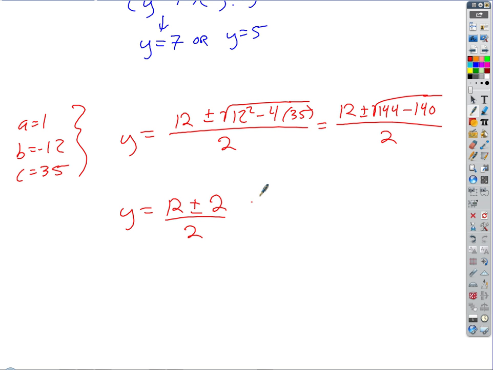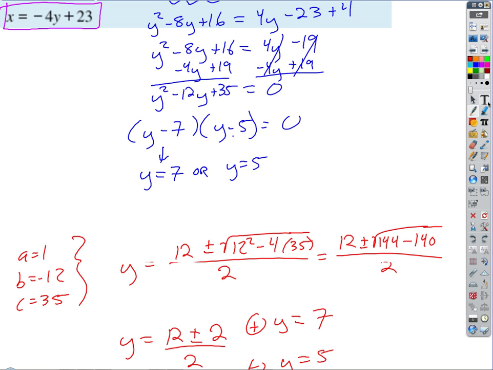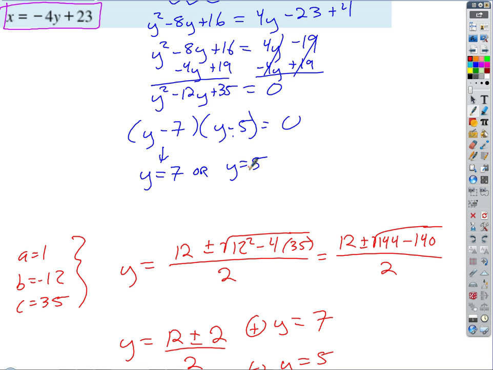So if we take the plus, we get y equals 12 plus 2 is 14 over 2, which is 7. If I take the minus sign, I'd get 12 minus 2, which is 10 over 2, which is 5. Either way. But it's quicker to do it this way, just using the magic numbers.